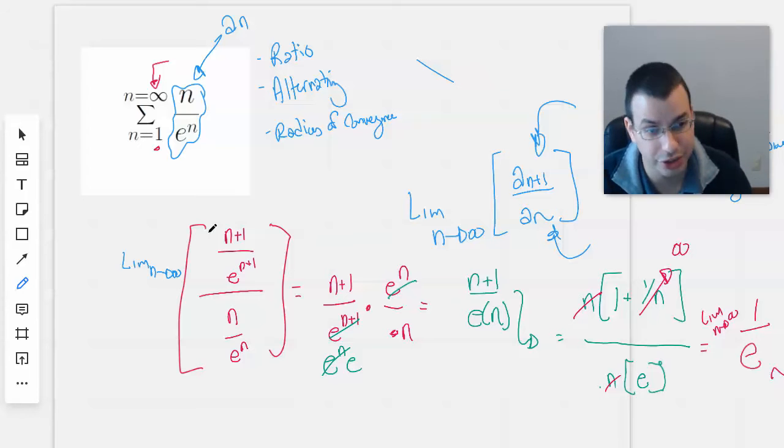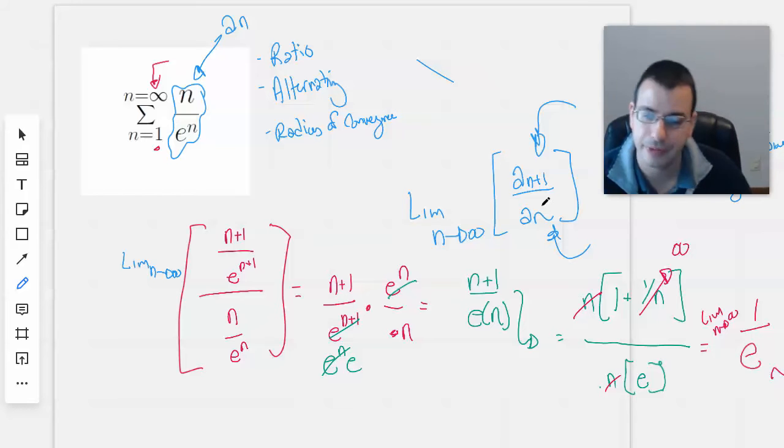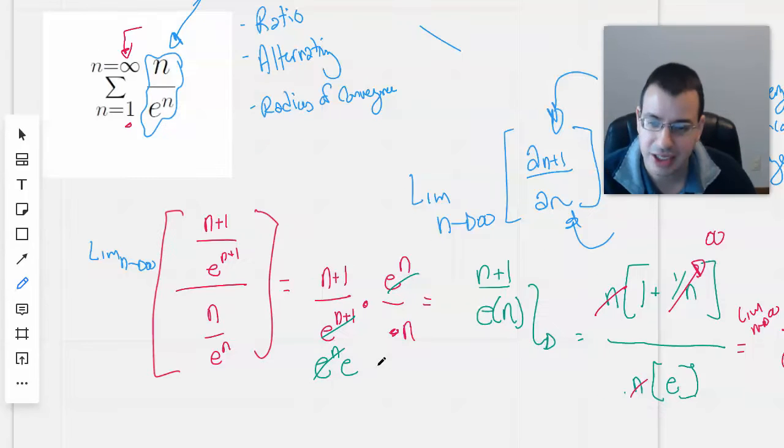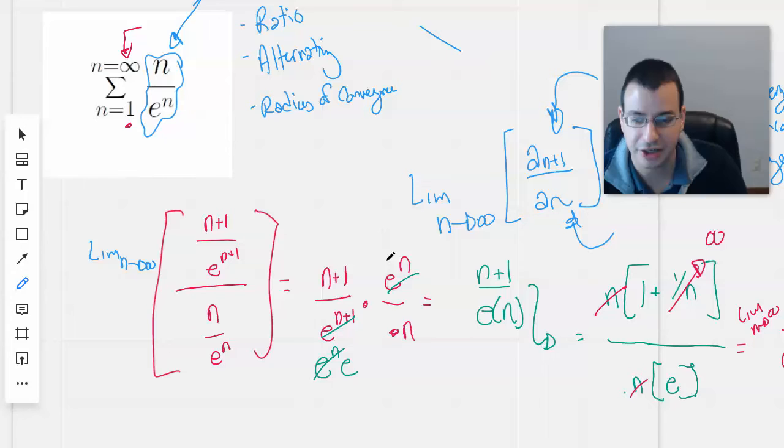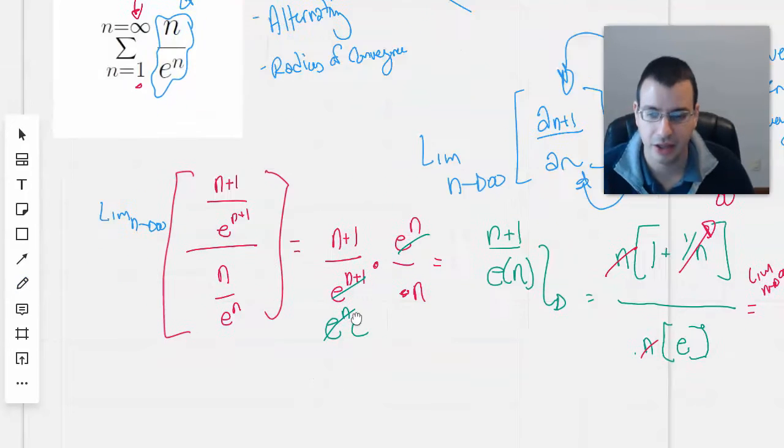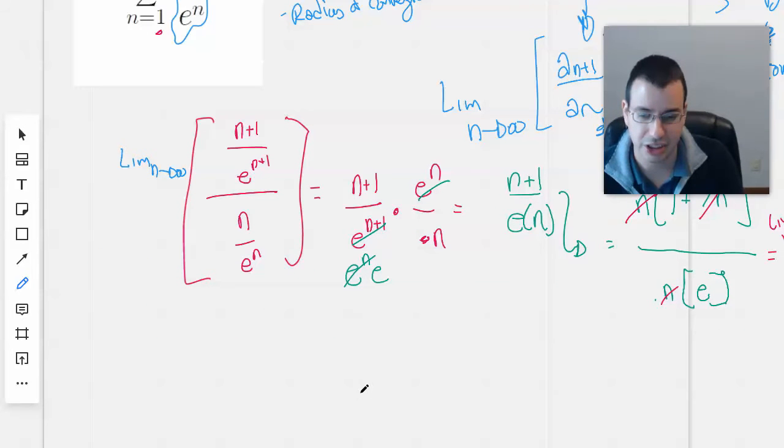We decided to go for the ratio test on this one. The ratio test is really useful for things when you see e to the n, because when we did the ratio test, we took the a(n plus 1) value over a(n), basically the next value over the current value. And when we did that, we were able to change the e to the n plus 1 to e to the n times e.